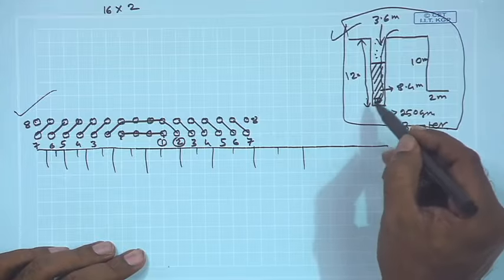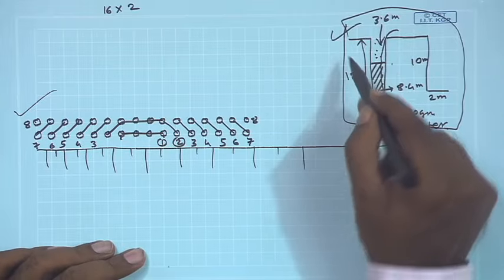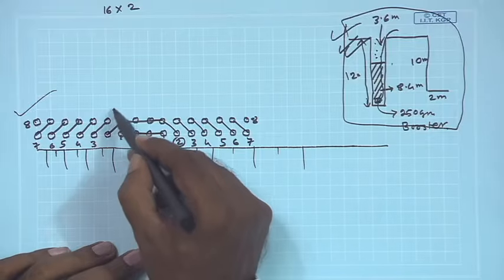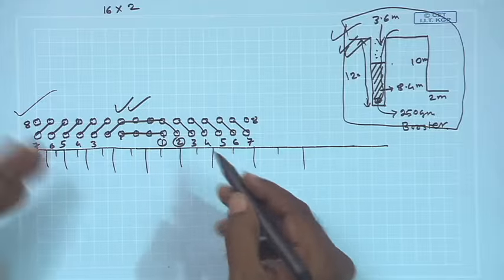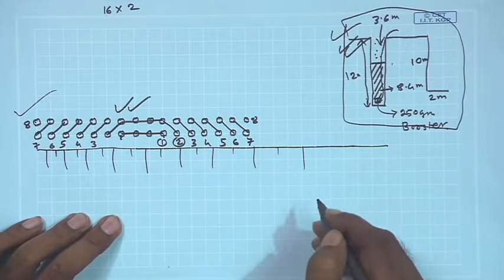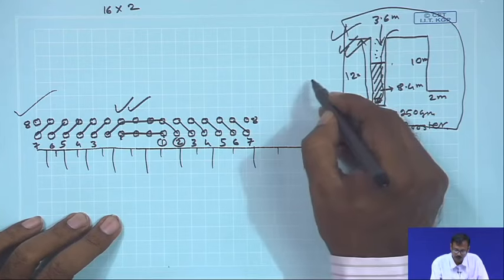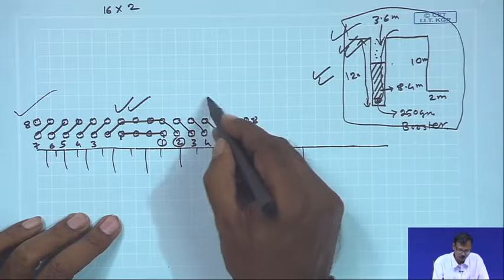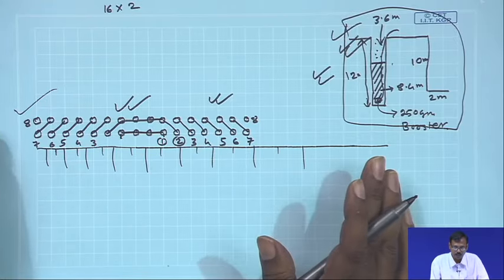There may be deck charging or different types of situation, but that has to be represented in the section of the hole and the surface connection must be represented in this plan view. So, the presentation of blast pattern or blast design means one has to give these two figures along with the calculations which are already shown to you.